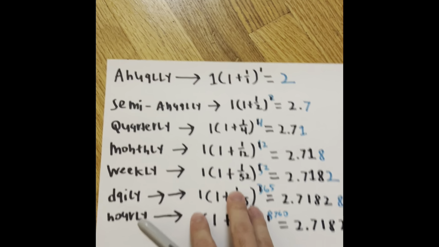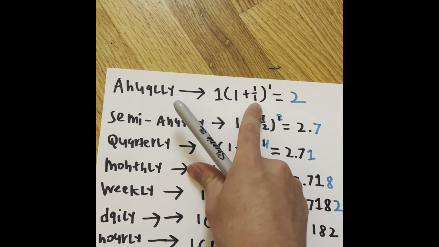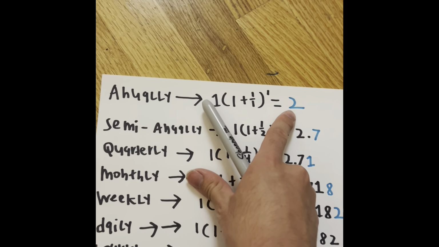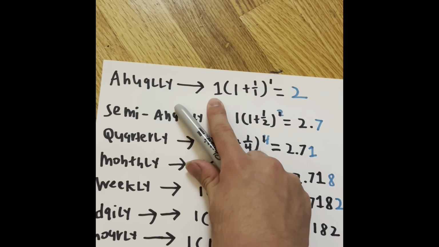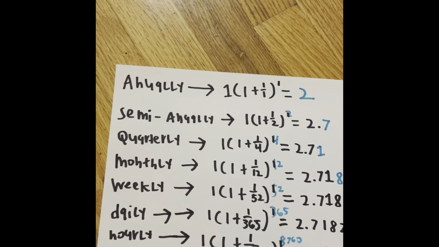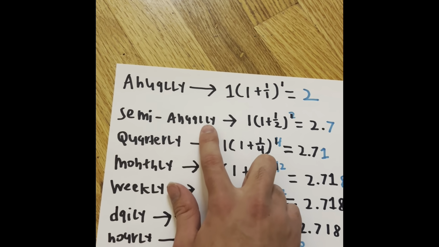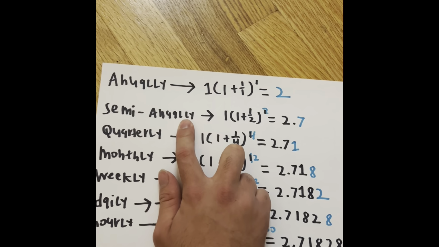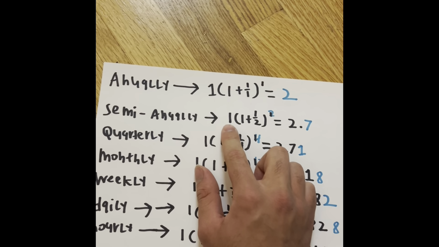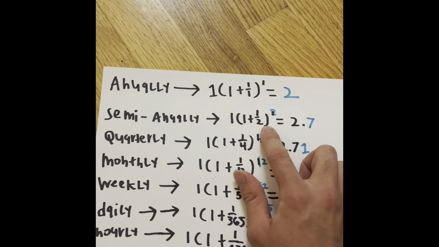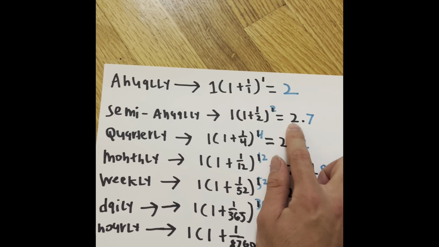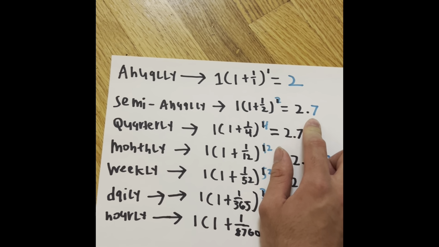So annually, since it's just one time, it's just one. You would have earned $2 if you invested $1 into the bank. If you did semi-annually, meaning that it compounds twice a year, and invest $1, you do the math for compound interest and you get $2.07.